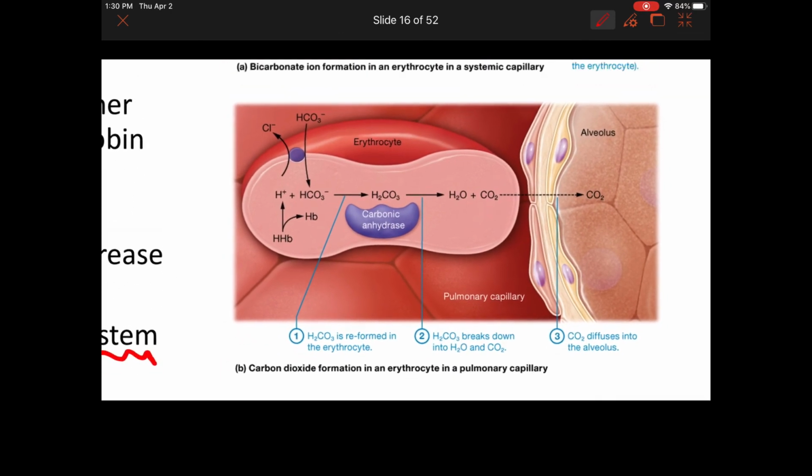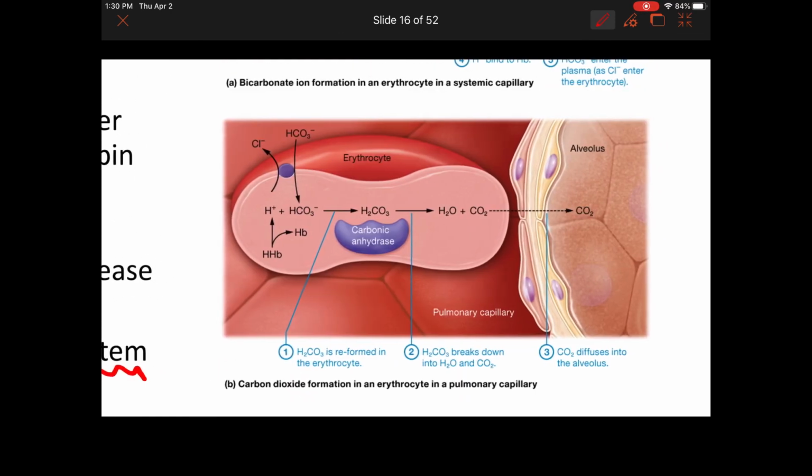So let's consider what happens when carbon dioxide rides around in the plasma and on red blood cells and makes its way back to the alveolus. So we have bicarbonate that has been dissolved in the plasma.